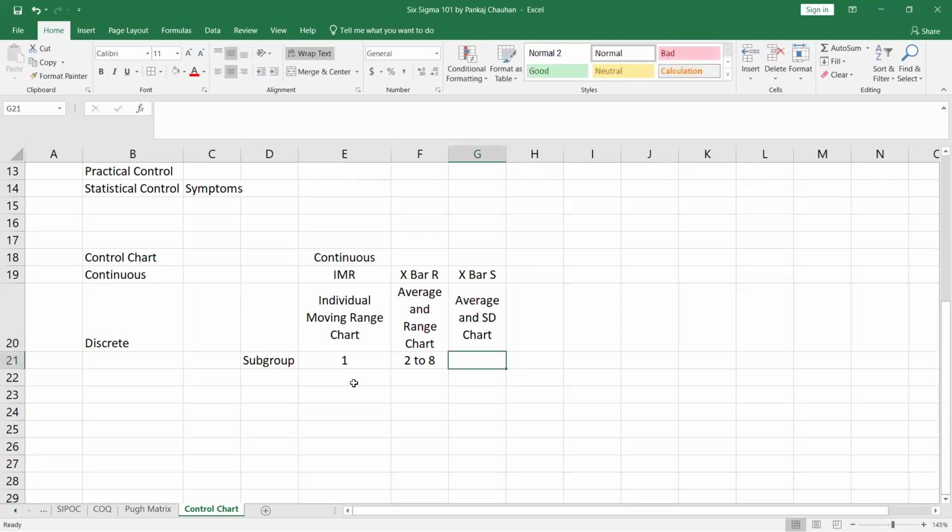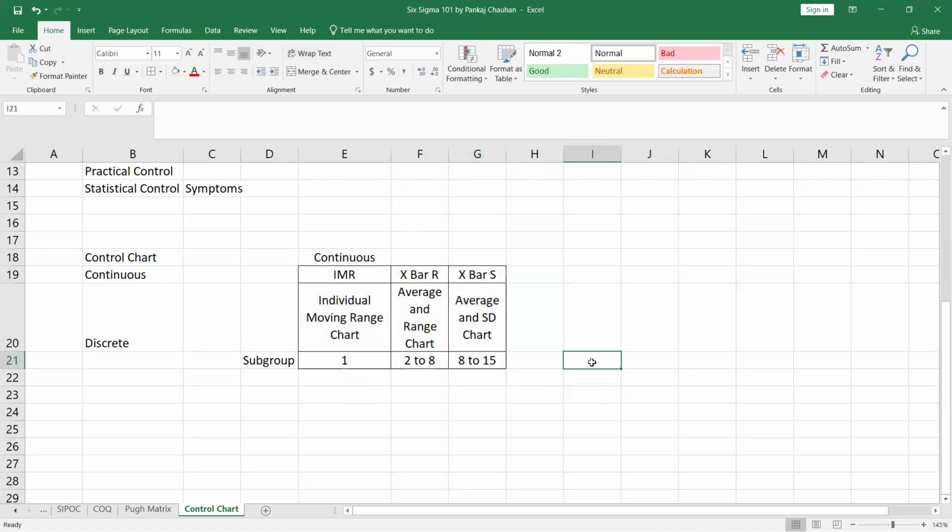where we are using a subgroup size from 8 to 15, not more than that. Why are we using a subgroup of 2 to 8 with the X bar R and 8 to 15 with the X bar S?